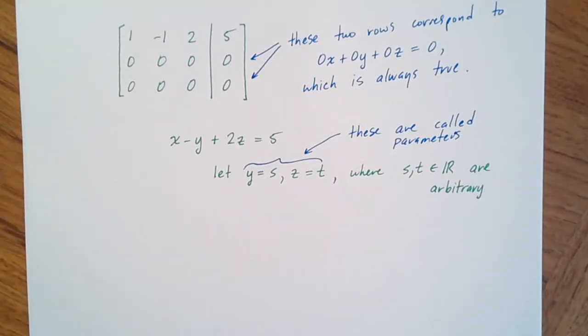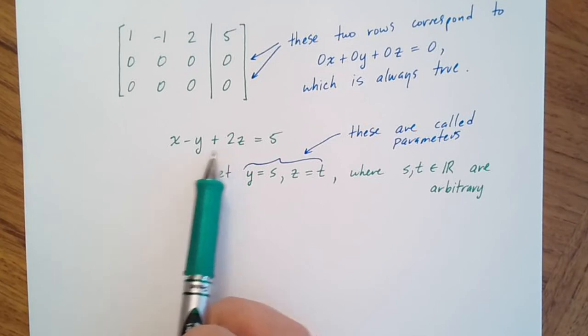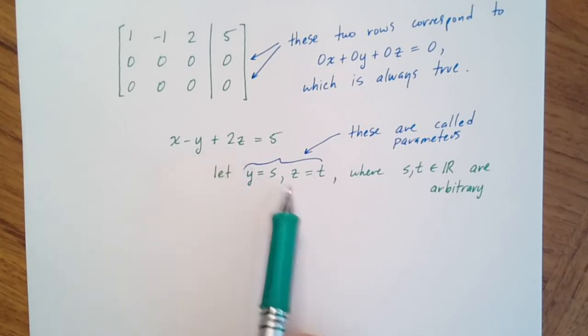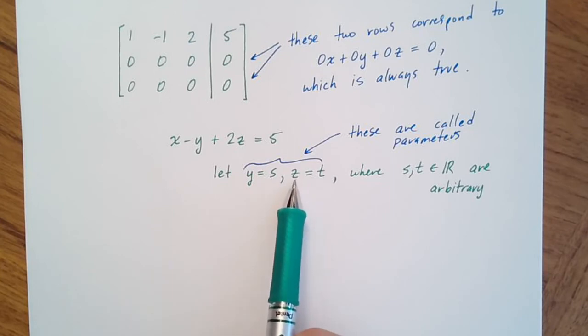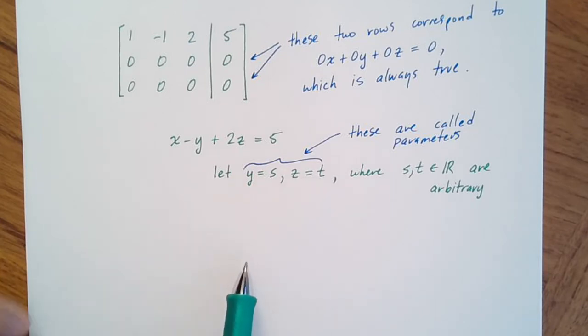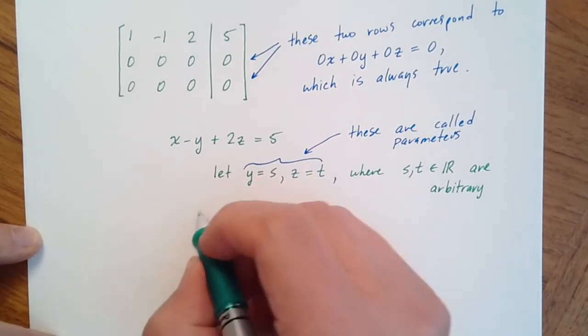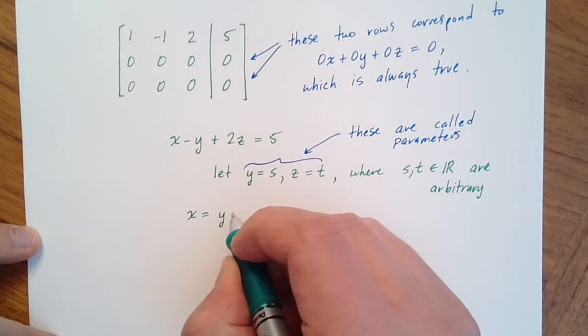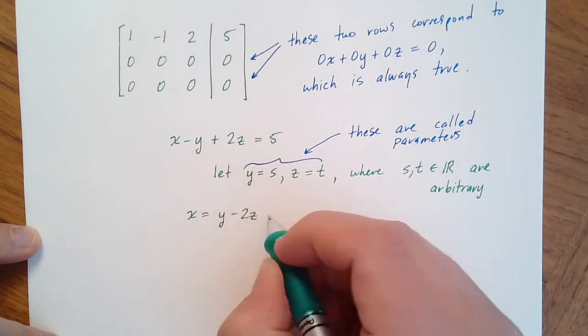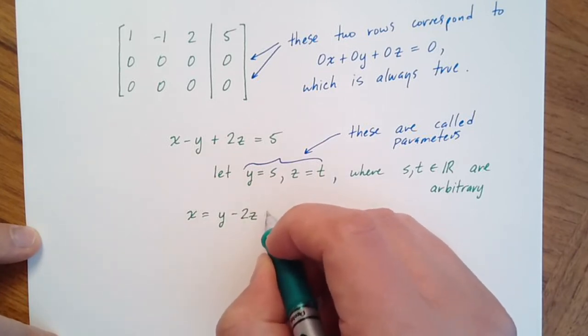Okay, now those are just for y and z, but once the value of y is set to be s, whatever that is, and z is set to be t, whatever that is, then x is automatically determined from that. So what would happen if I solve this equation for x? I would get x equals y minus 2z plus 5.